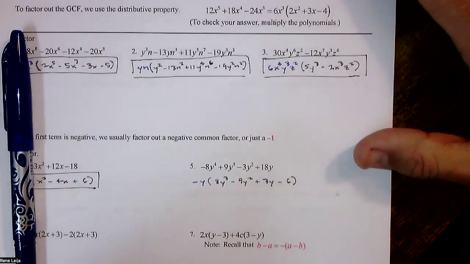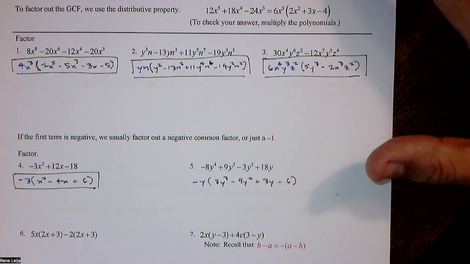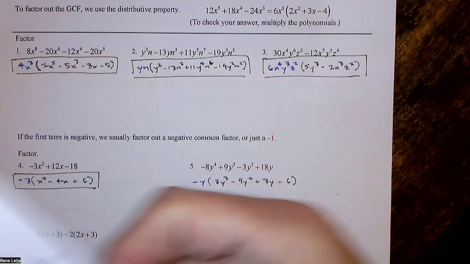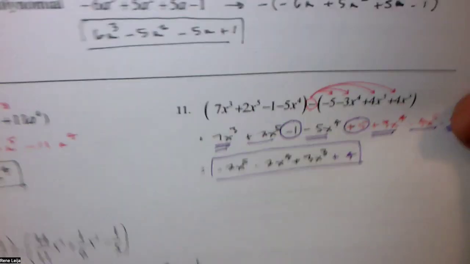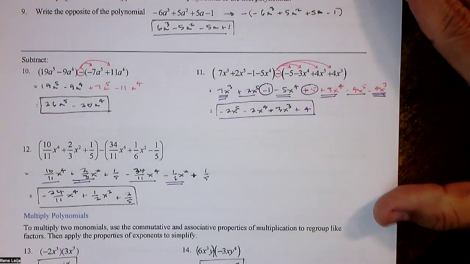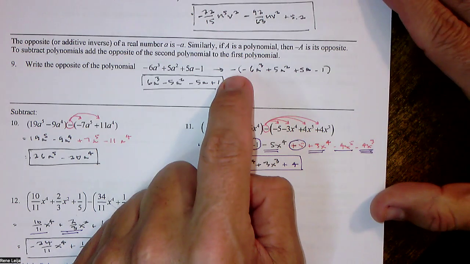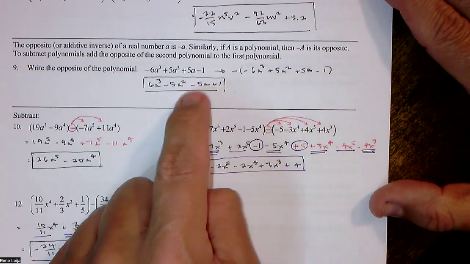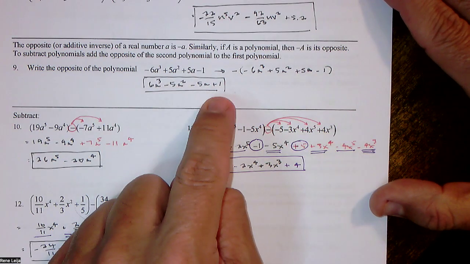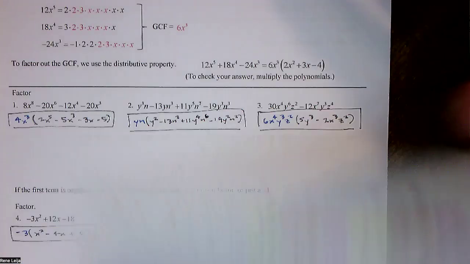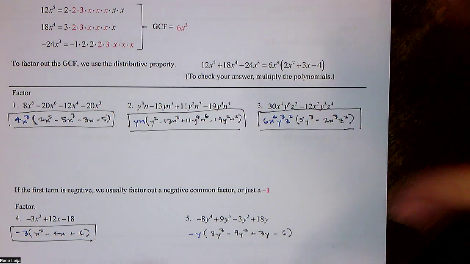So going back to 2, 2. When we distributed a negative through, remember how it changed all of your signs? Well, if you pull a negative out, your signs are going to flip back.